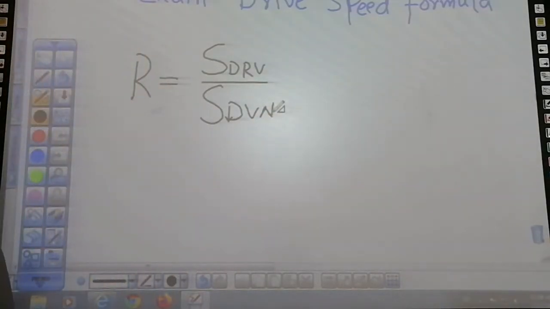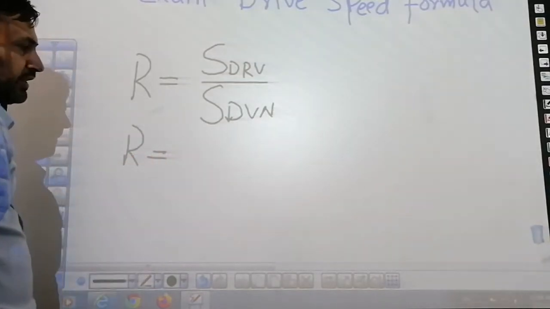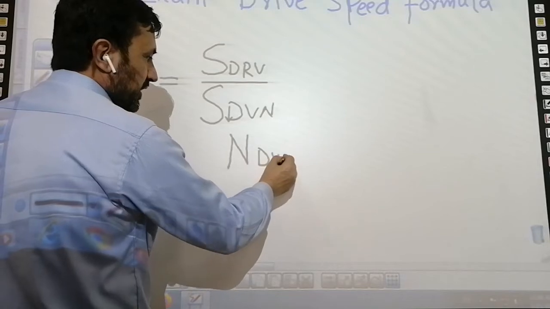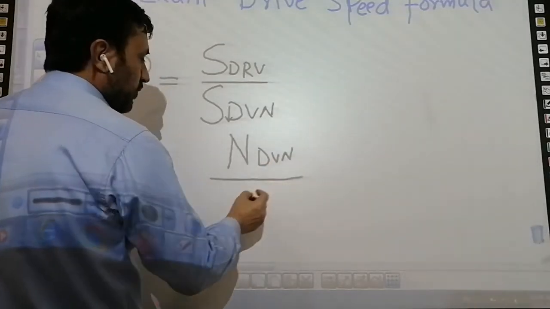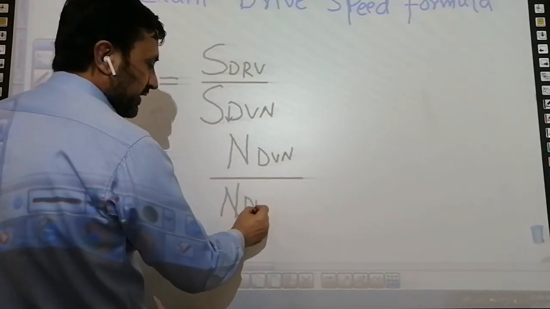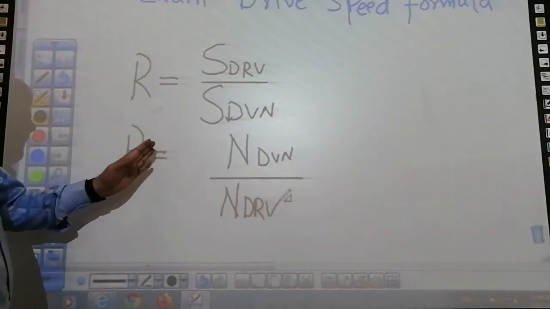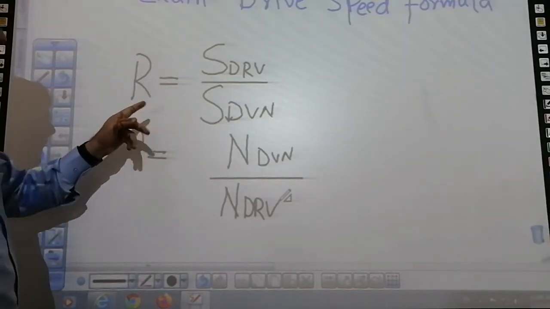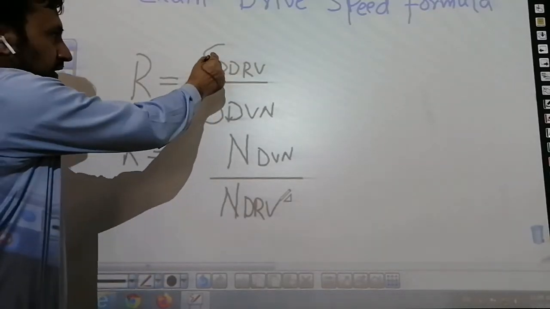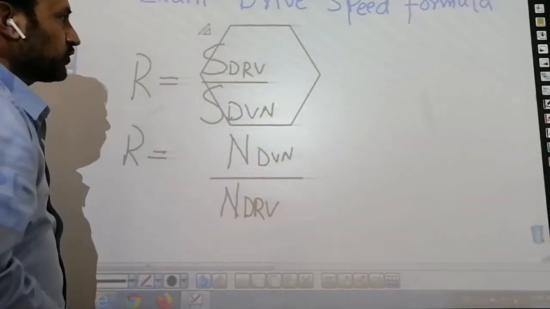We also know that the sprocket ratio in terms of its teeth is equal to number of teeth of the driven sprocket dvn divided by number of teeth of the driver sprocket drv. So from these two relations we can say, since the left hand sides are both the ratio R, this ratio is equal to this ratio.